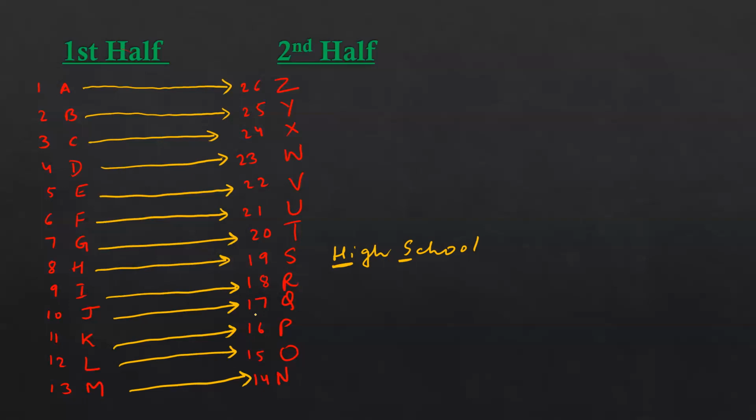If you make it by your own self, you will remember that. For example, K's opposite is P. That is KP Thakur. You can remember like this, KP Thakur. MN is simple. For IR, you can remember it like Indian Railway.